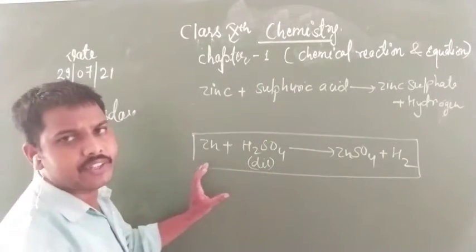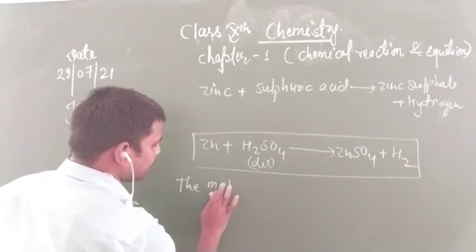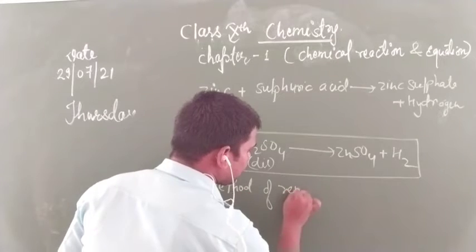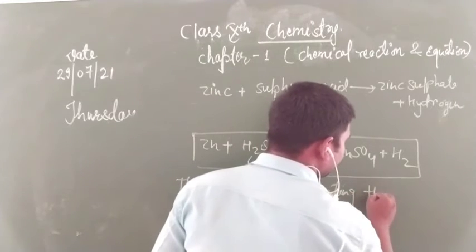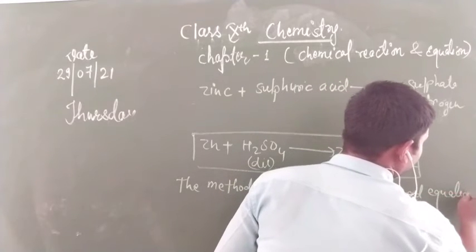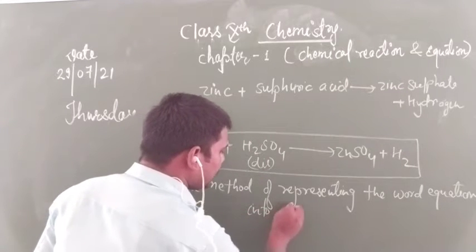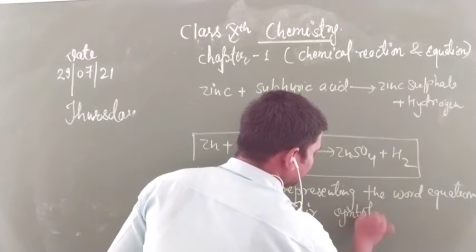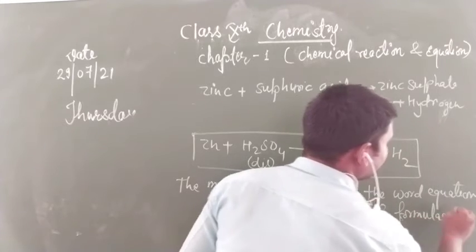Now you can easily define what a chemical equation is: the method of representing the word equation in its symbols and formulae.